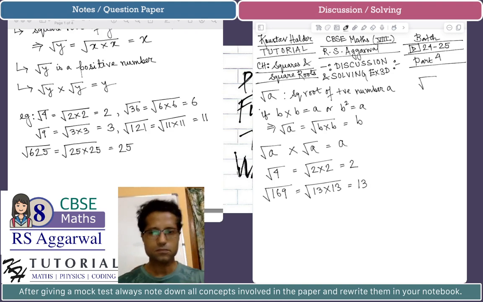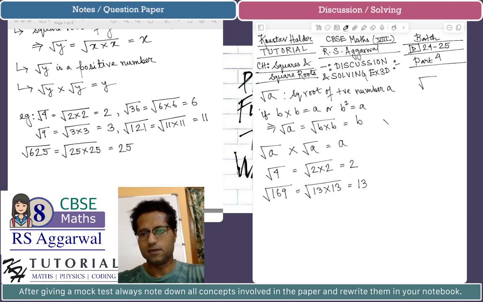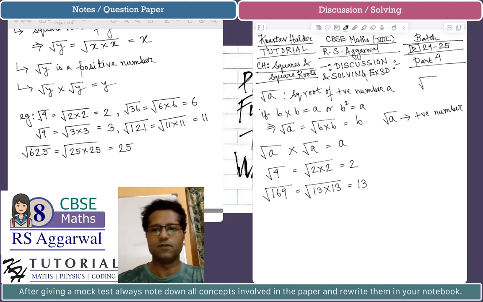Anyway, we will always deal with the square root of a positive number, and the square root will also be a positive number. So this square root of a will also be a positive number.